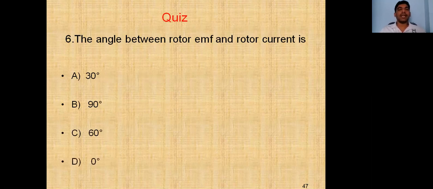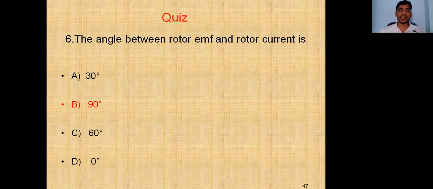For an ideal, completely reactive rotor winding it should be 90 degrees, but in practice there is no ideal.